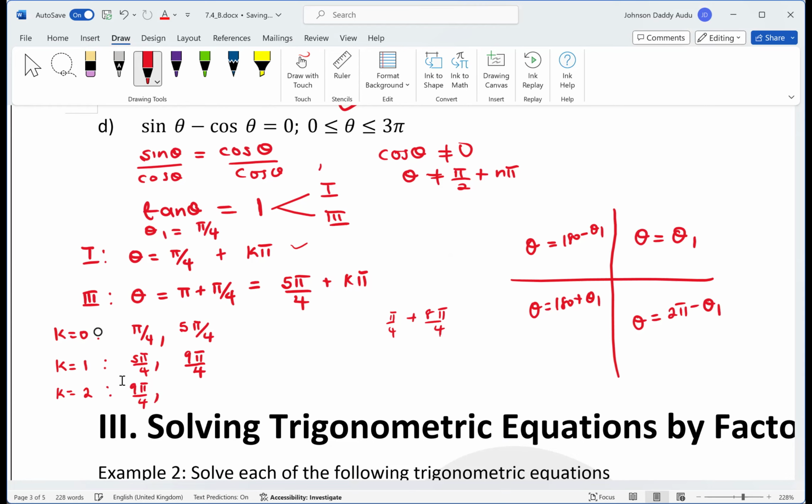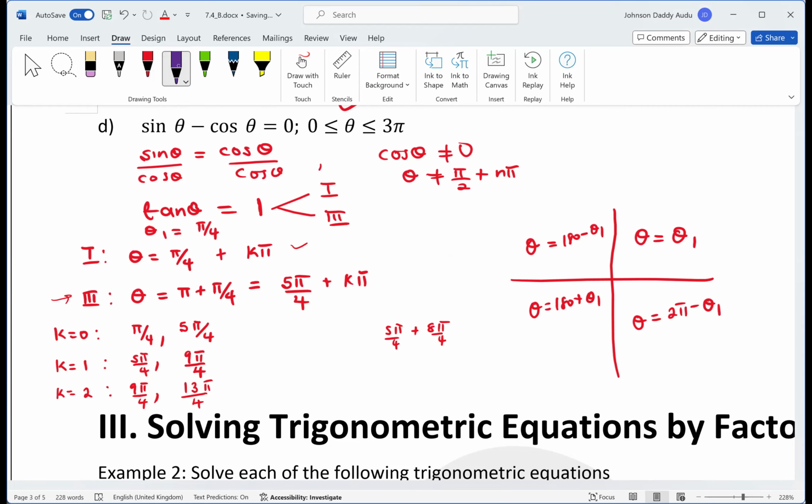Then if you substitute k equal to 2 in the third quadrant, because you have to consider all cases, we'll have 5 pi over 4 plus 8 pi over 4, and this is going to give us 13 pi over 4. Now I think it's enough, but you can see that we need to reject a lot of things.